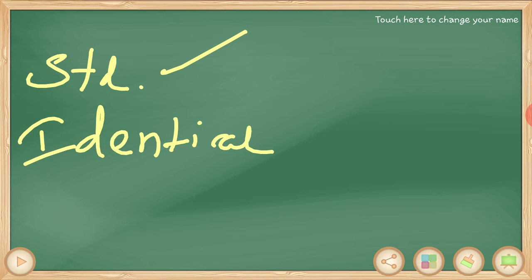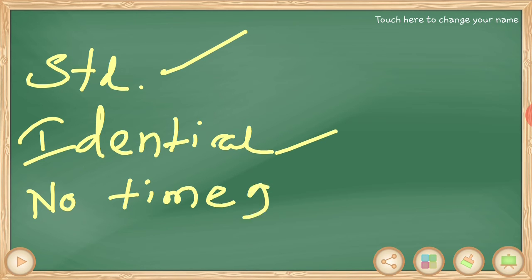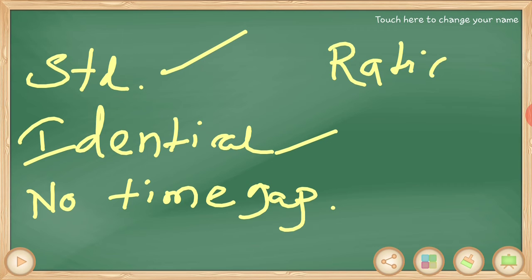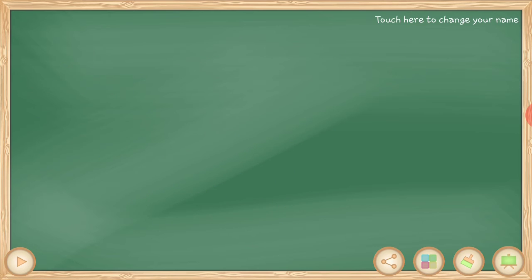And the second one, they remain the same or identical in color, in size, or in taste, etc. And there is no time gap between the consumption of 2 to 3 units. The consumption must and should be continuous. And the fourth one, the consumer must and should be rational. So given these assumptions, under these conditions the law is possible, otherwise no chance.